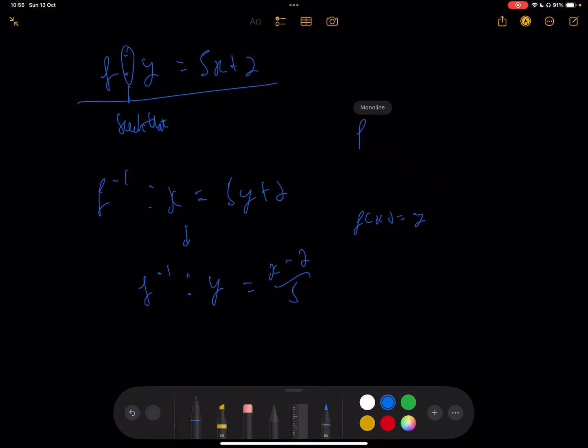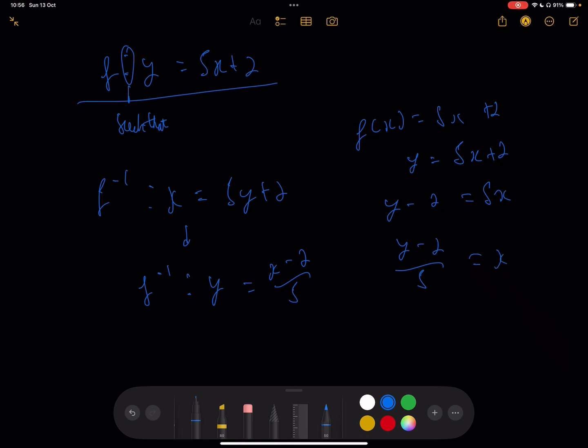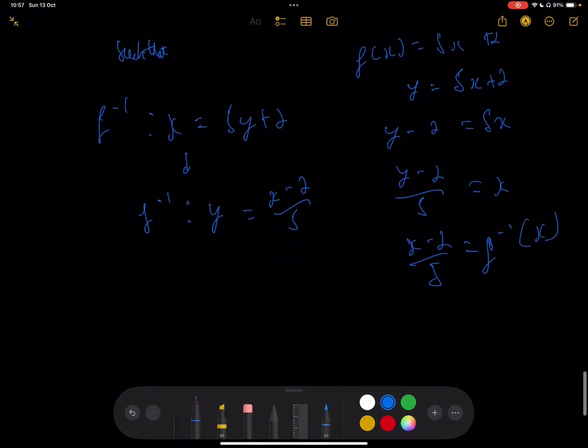So where f of x is equal to 5x plus 2, we'll usually just set y is equal to 5x plus 2, or a random variable, right? Then we'd make x the subject, which is y minus 2 over 5 is equal to x. Then we would swap x and y to get x minus 2 over 5. And that is your inverse function.